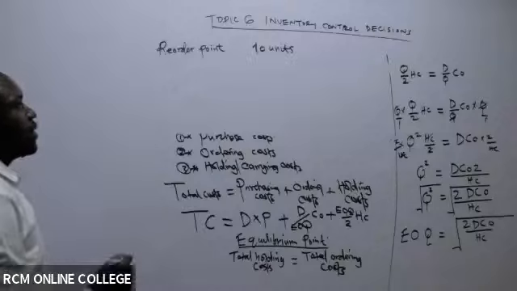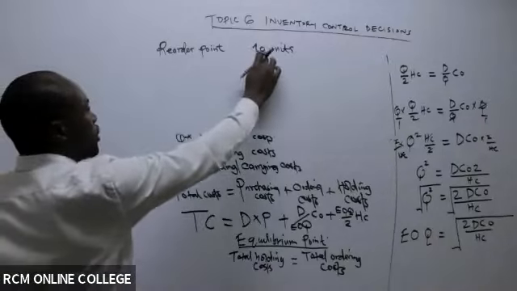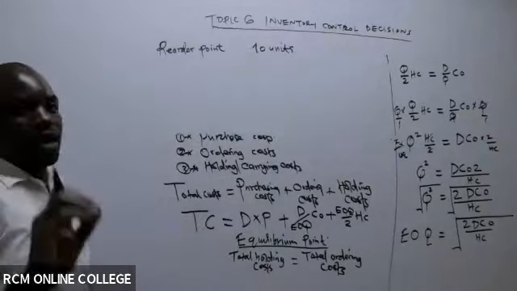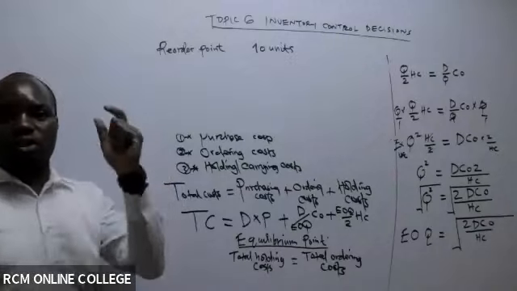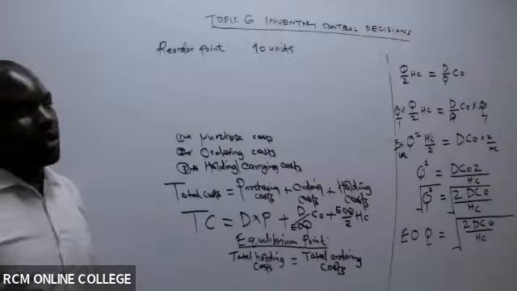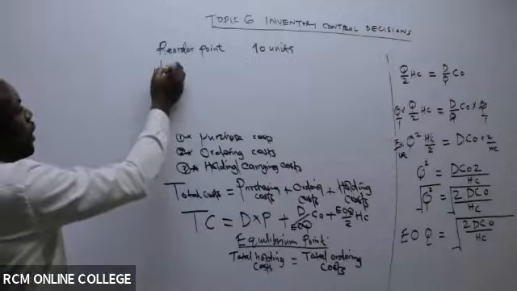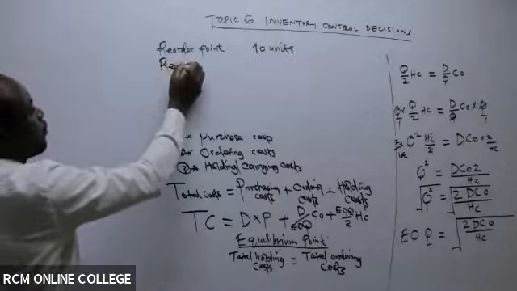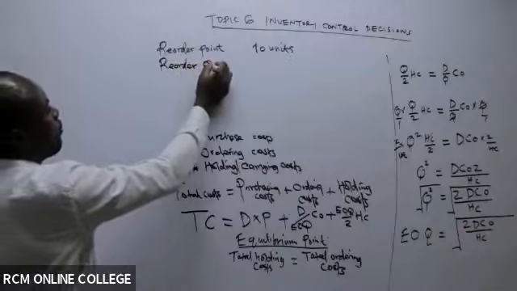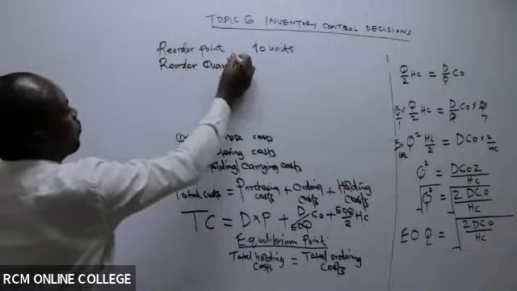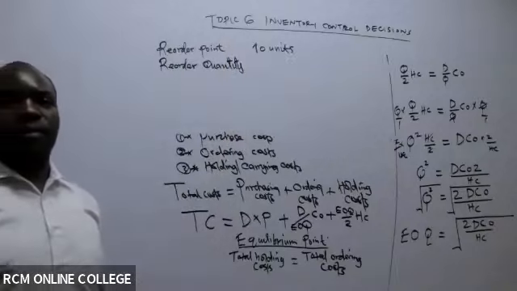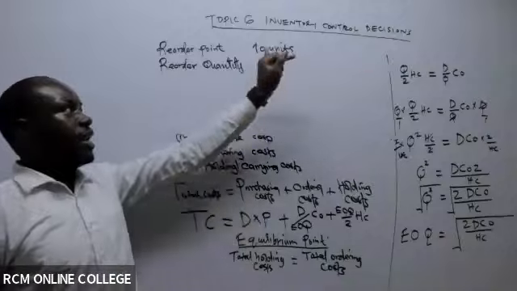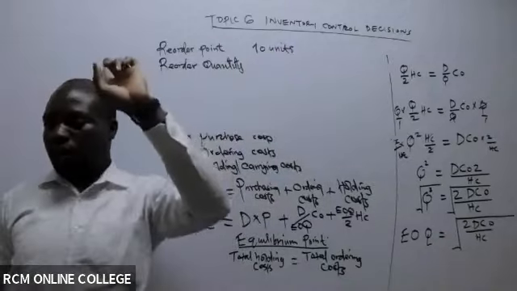Then from that, having identified that there are 10 units, we must make a new order. But for that new order, you must be specific on the quantity we are going to order. That is what we call reorder quantity. If my units get to 10, I must make a new order.